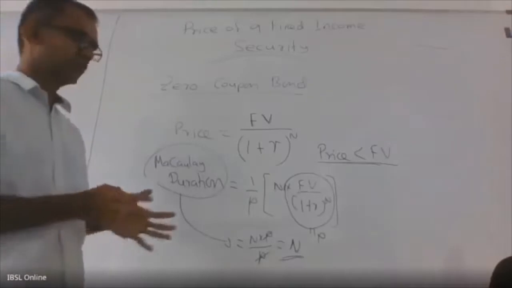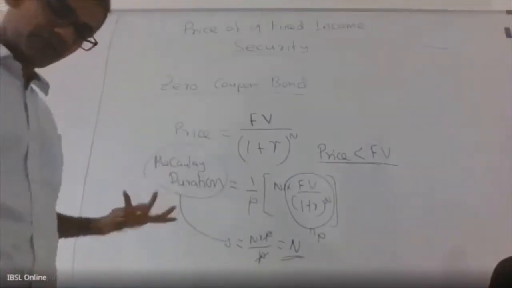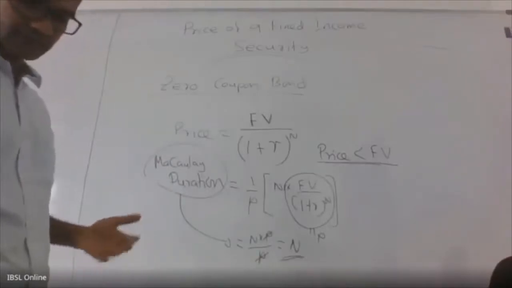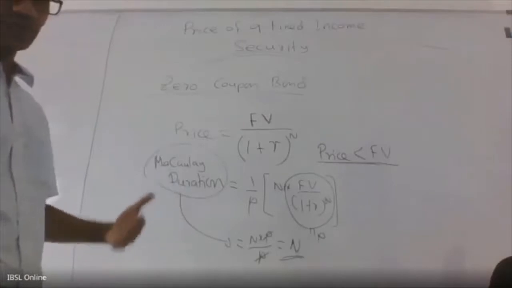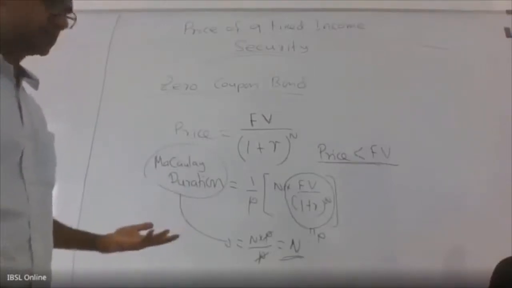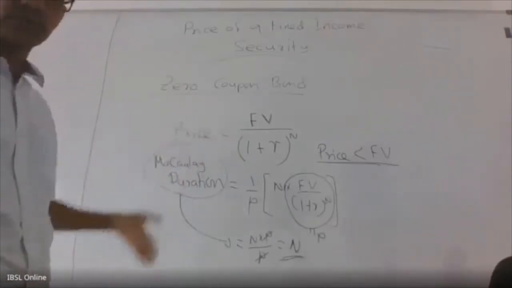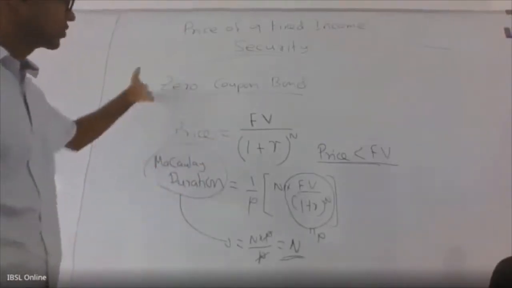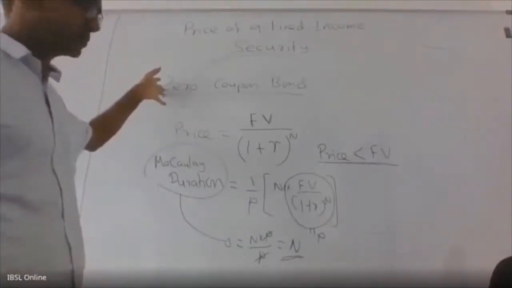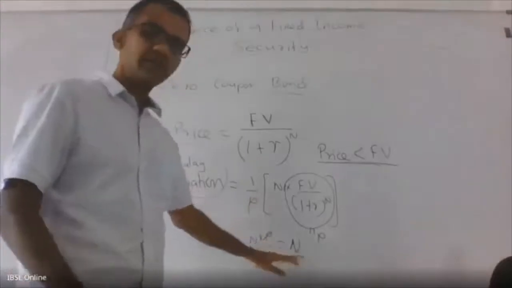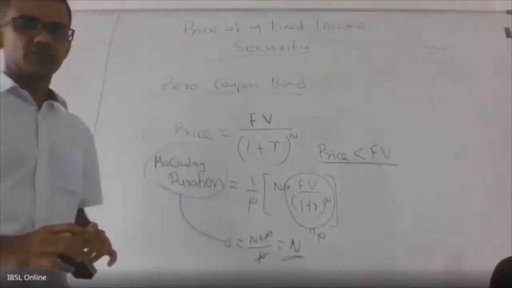This is because you don't have any interim cash flows. If you go by that definition, that's the time it would take to pay back your investment. In a coupon bond, it may be before maturity. But in a zero coupon bond, as you don't get any cash flows before maturity, you have to wait until maturity to get your cash flow back.